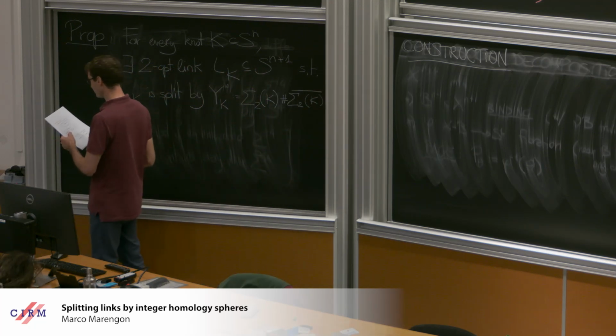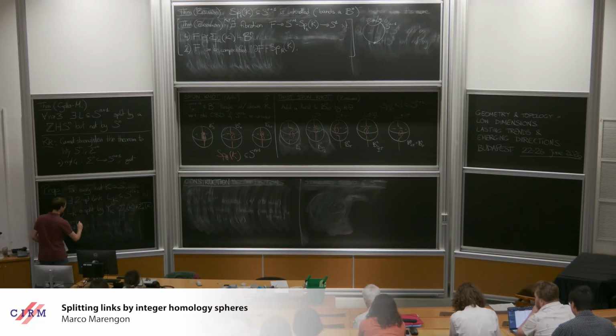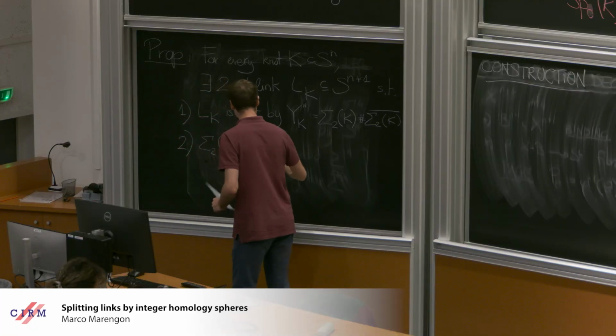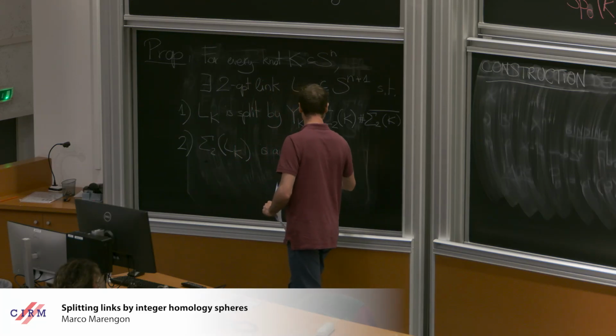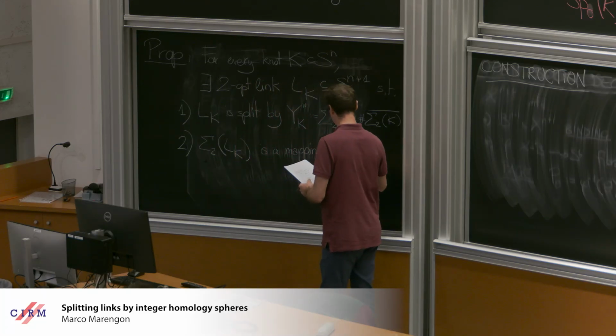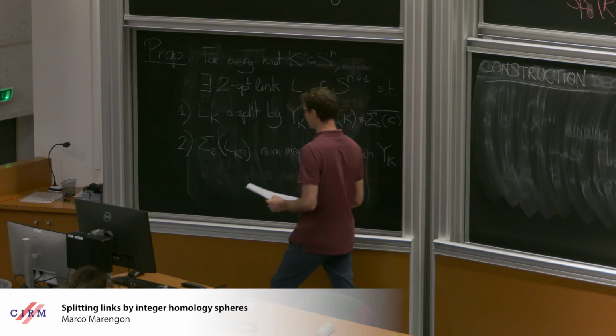And the second property is that if you take the double-branched cover over L_K, now this one is an n+1 dimensional manifold, then this is a mapping torus on this manifold Y_K.